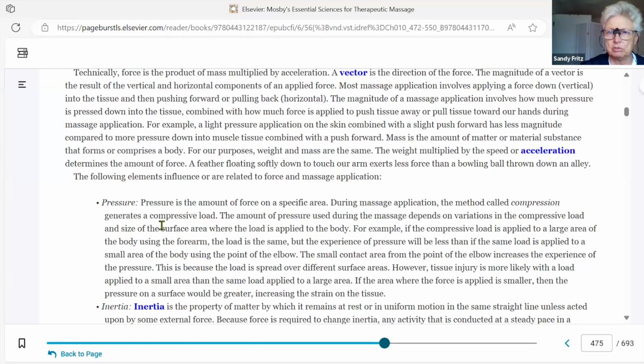It loads the tissue, pulls the tissue apart, and we can increase the magnitude of that by really aggressively separating that tissue. I don't know why we would want to do that. Or we can press down harder and get into deeper tissue layers with that.